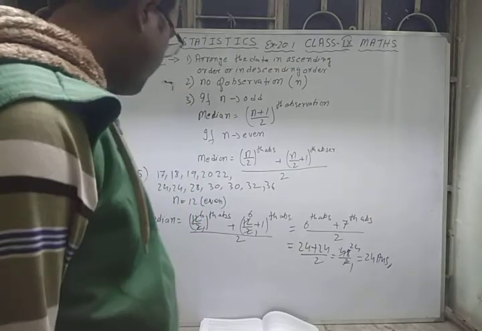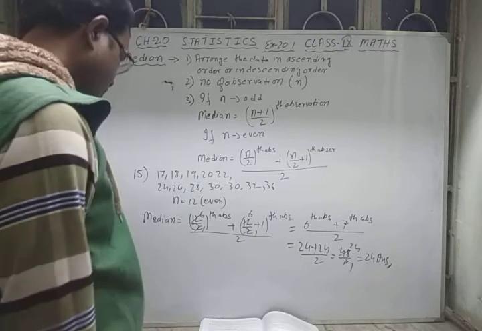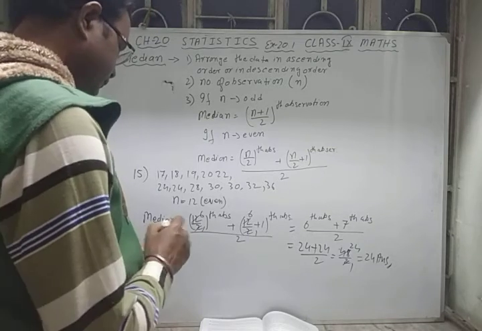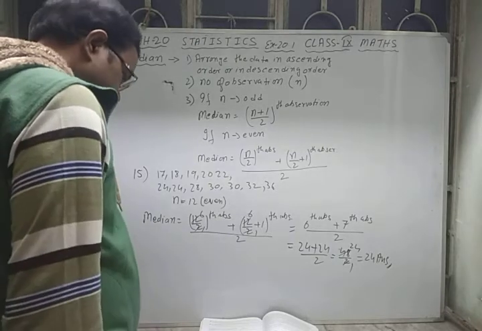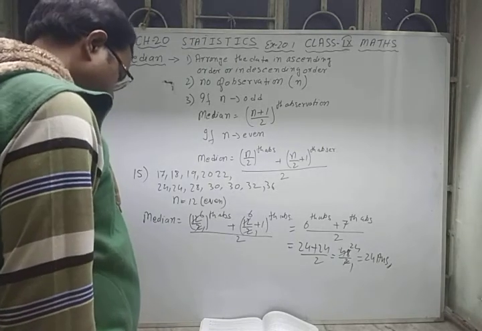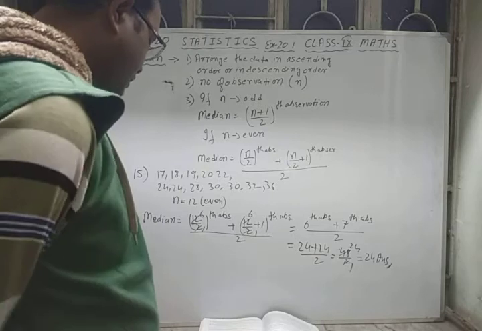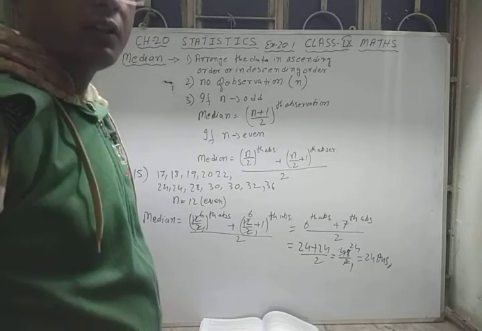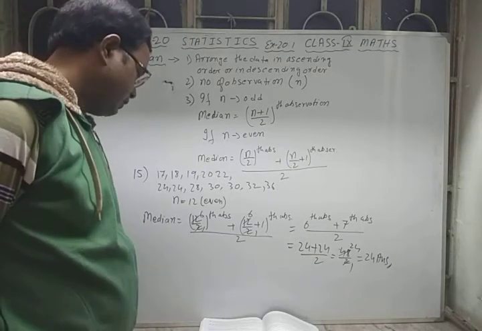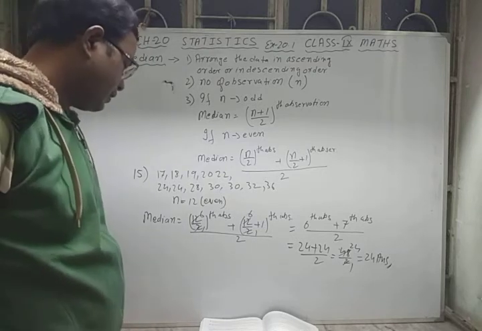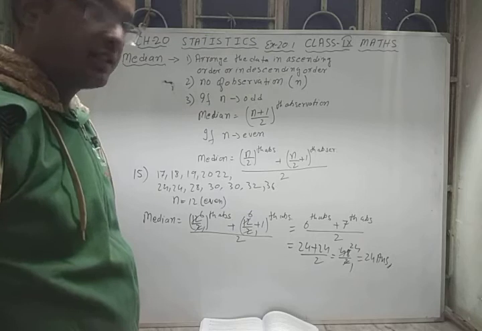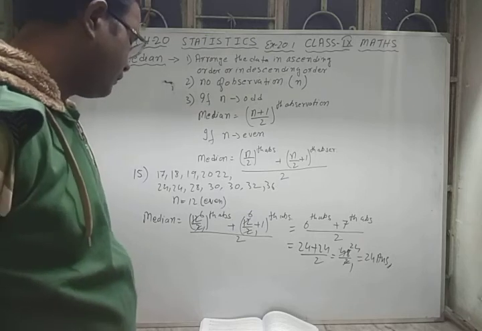Another question that I am going to explain to you is question number 18. Here the following observations have been arranged in ascending order. Ascending order is already given, you don't have to arrange it. If the median of the data is 47.5, the median is already given, and you have to find the value of x.